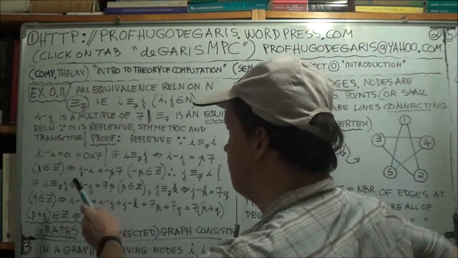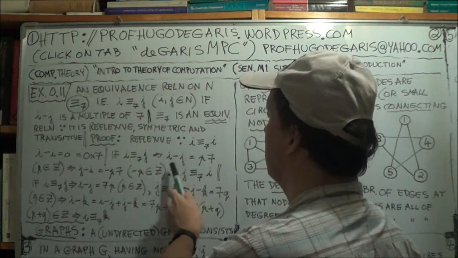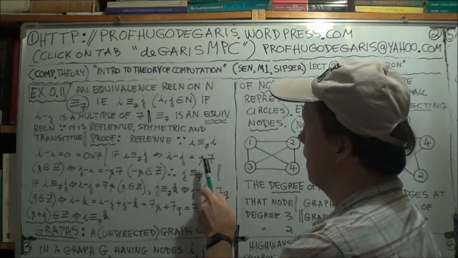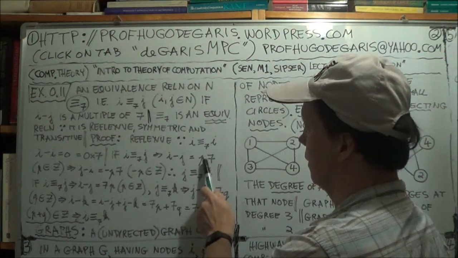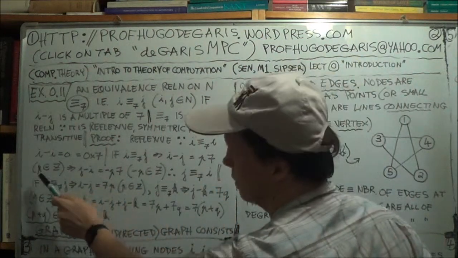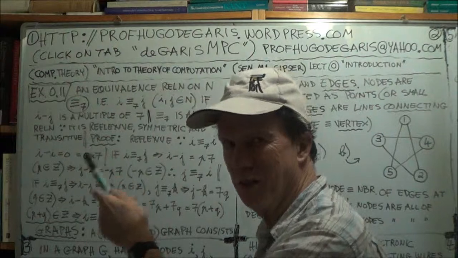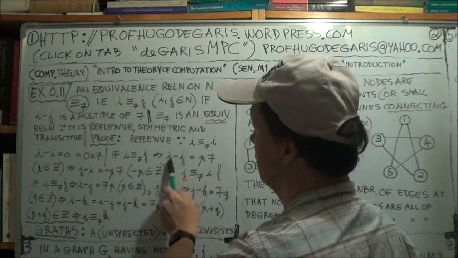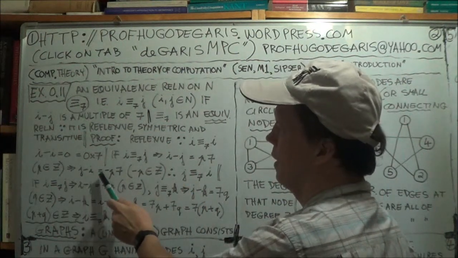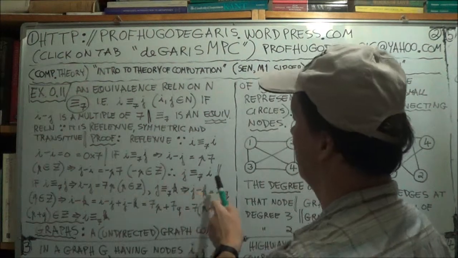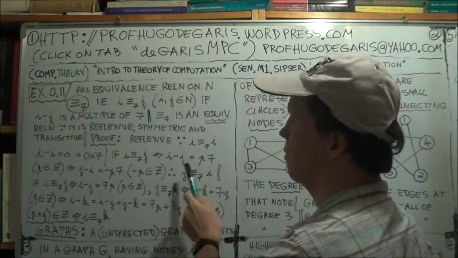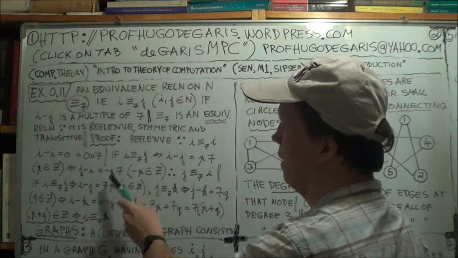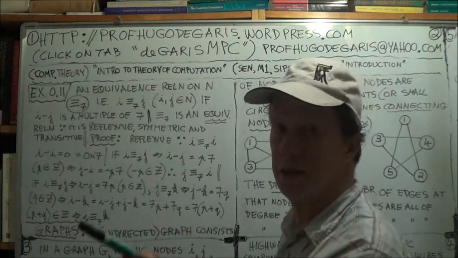Now how about j minus i? Well, if i minus j is divisible by 7, it'll be 7 times p. So p is an integer. Let's just change one letter. Okay. So that implies that if you reverse this, if you multiply this by minus 1, you get j minus i equals minus p times 7. You just multiply both sides by minus 1. Well, minus p, if p's an integer, minus p is still also an integer.